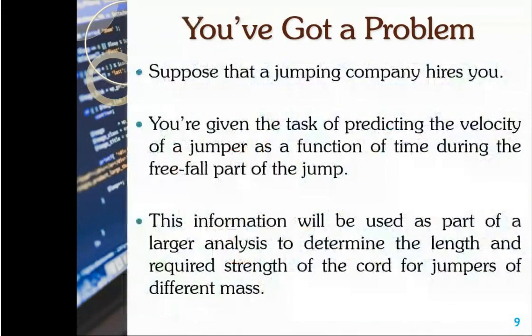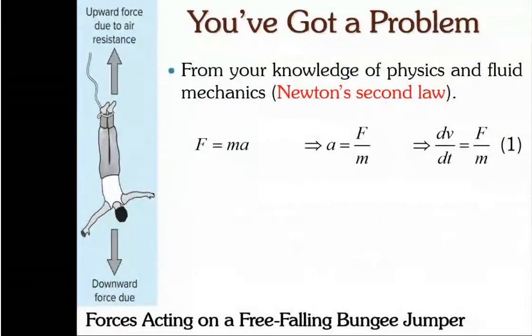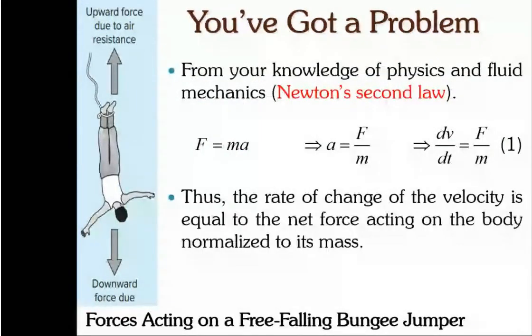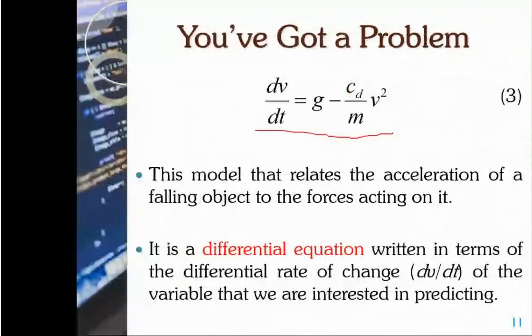So with this, the mathematicians started, and they came out with this equation 3 to be a model that relates the acceleration of this jumper to the entire forces acting on this jumper. And this happens to be a differential equation.